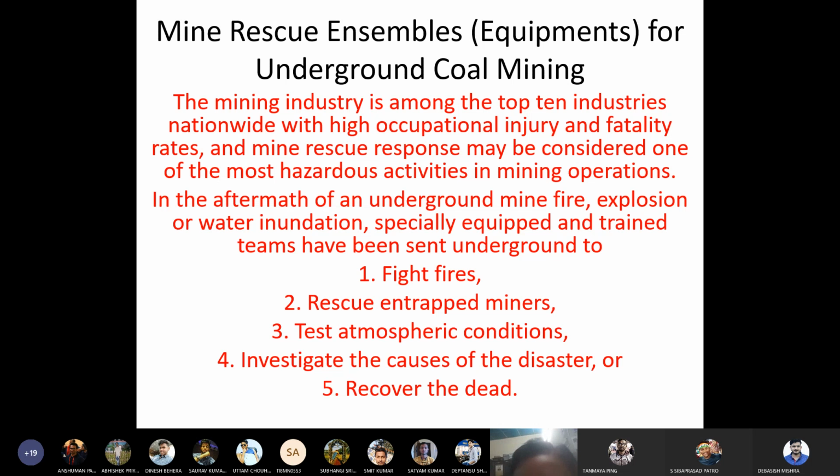Because of fire or explosion, the mine rescue team has to come to rescue and recover the people who are trapped inside the mine.